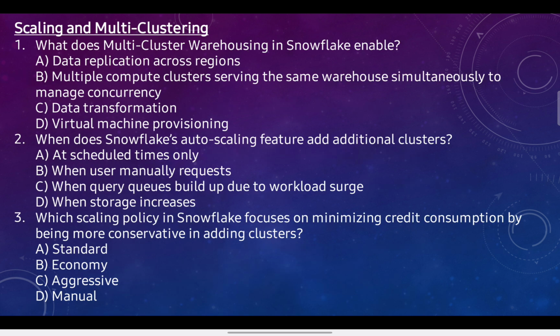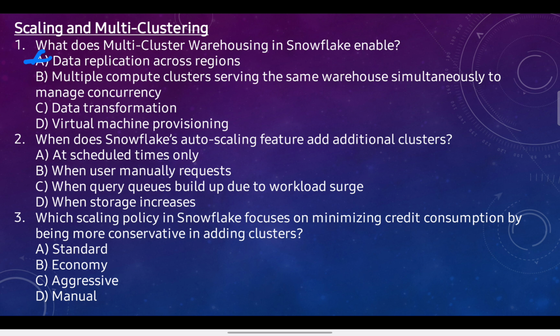So the next topic is scaling and multi-clustering. What does multi-cluster warehousing in Snowflake enable? Actually, we have gone through this question in this video itself. The first option, data replication across regions, is not the correct one.